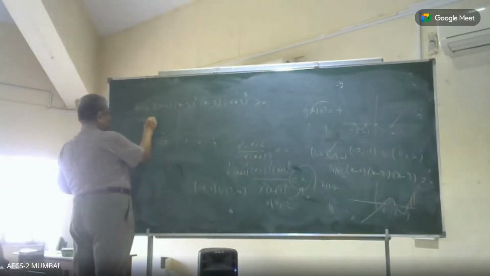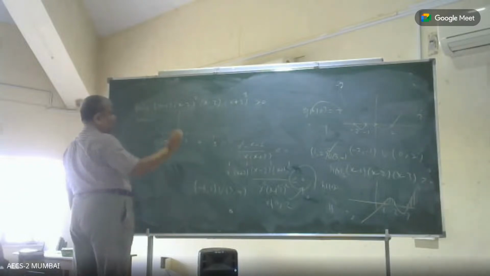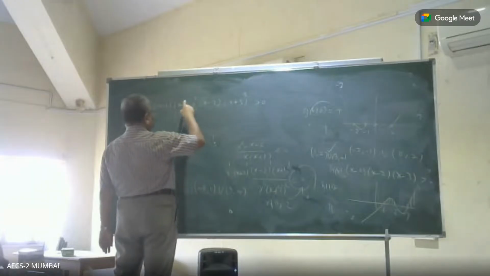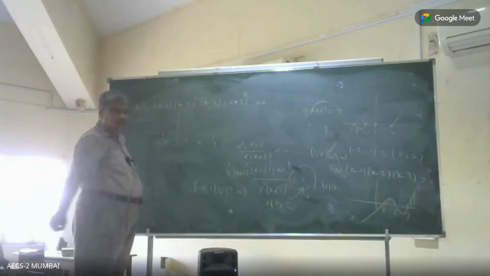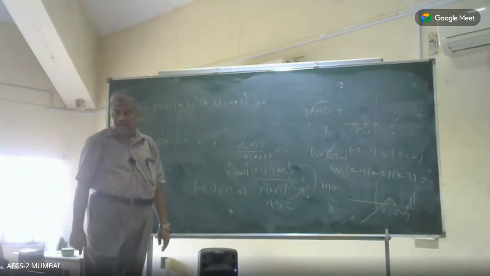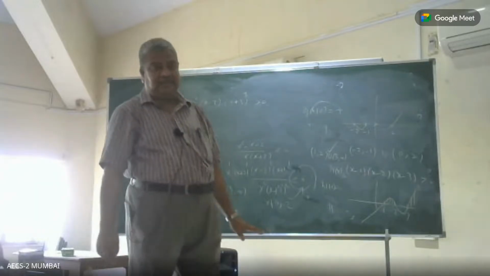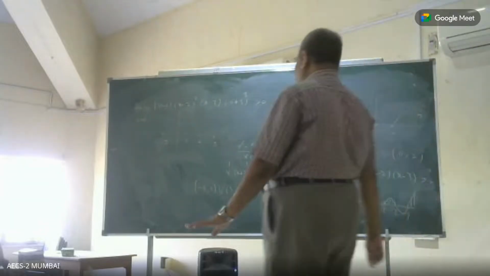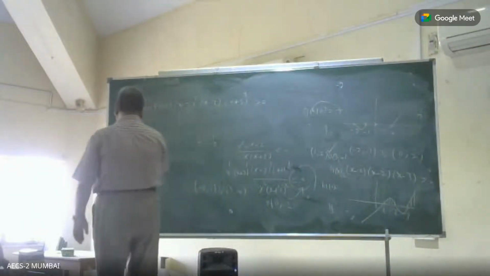So f of minus 10 is negative. Check this: f of minus 10 will be negative. Just put values. Yes, sir, it will be negative. So it will start from this quadrant.